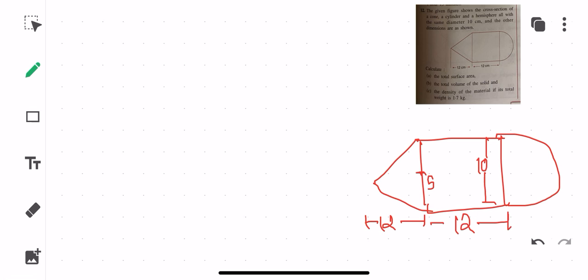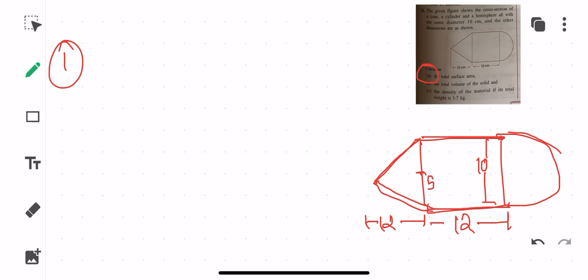Okay, and then what you have to find out? First you need to find out the total surface area. So I'll tell you what to do, children. The sub question A can easily be your homework, because total surface area will be what? It will be the curved surface area of this cone plus the curved surface area of this cylinder plus the curved surface area without the upper part of this hemisphere.